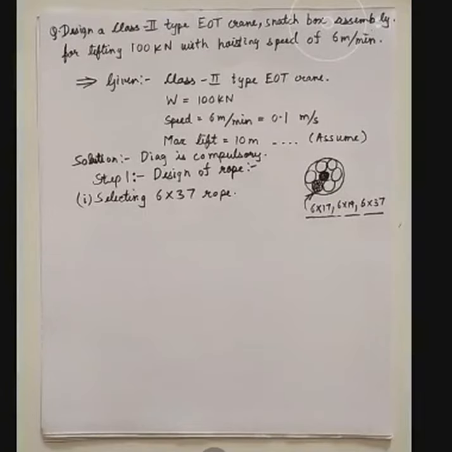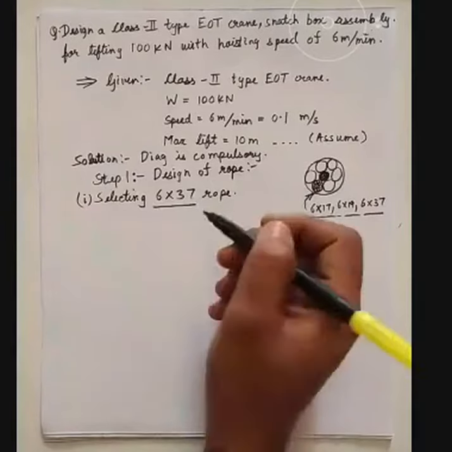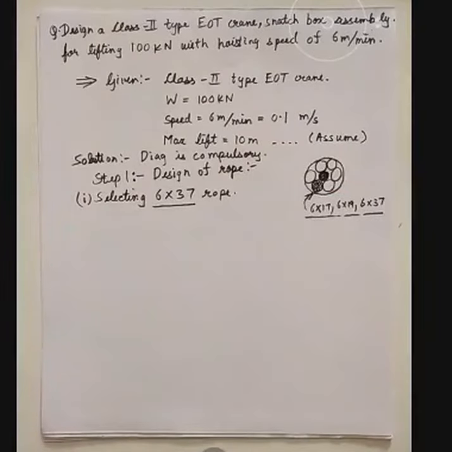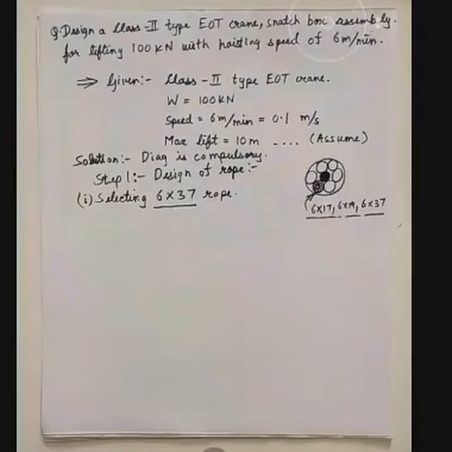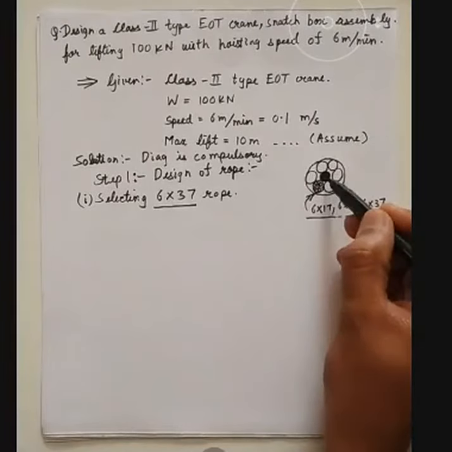Write the reason: for compactness and flexibility, with fiber core. This is a fiber core. Inside the 6 lobes there will be a fiber core.